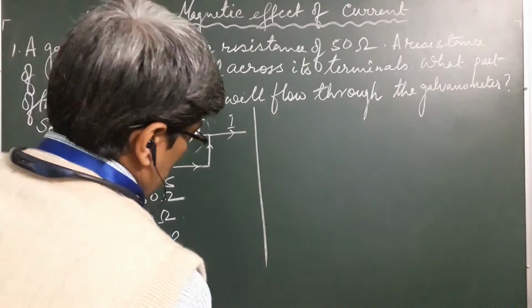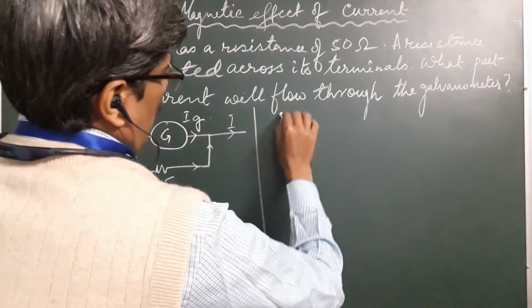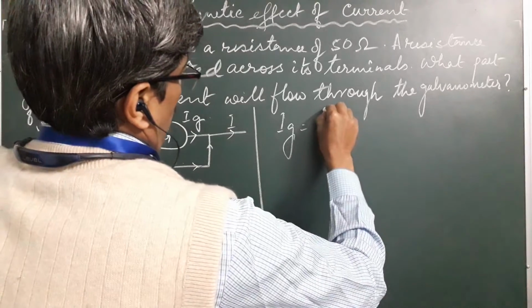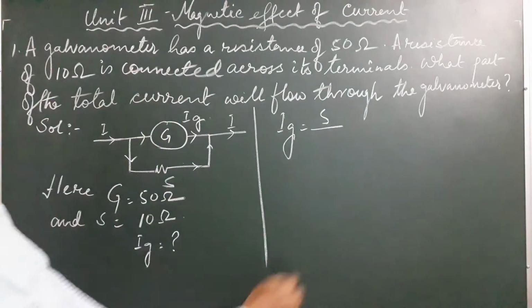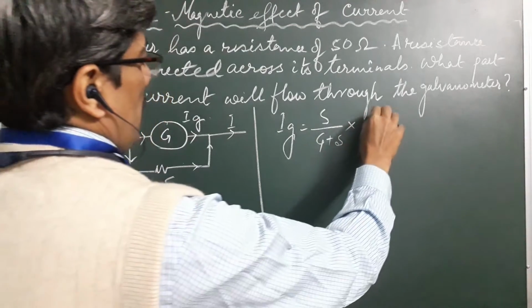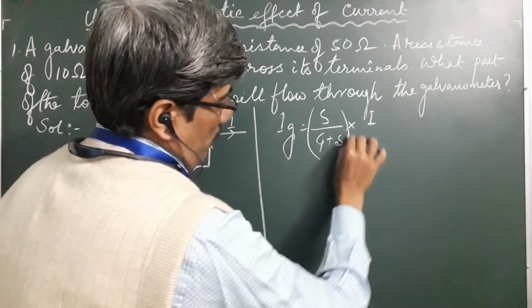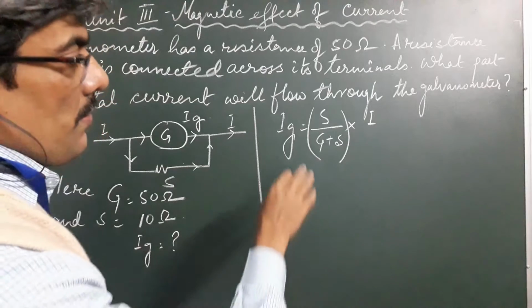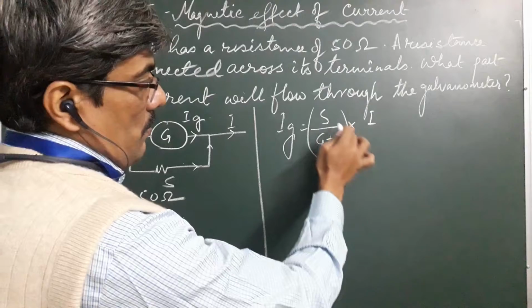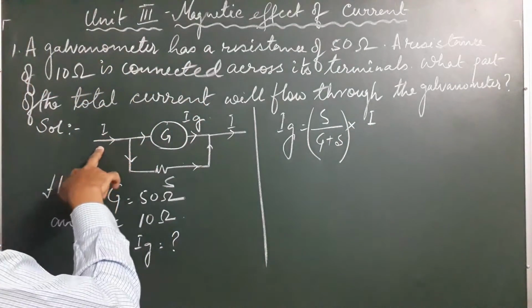From the concept of resistances connected in parallel, we can use this formula that Ig is equal to S by G plus S multiplied by the total current. If you carefully observe this, the current divides in inverse ratio in parallel circuits. So this is the inverse ratio of the total current that is flowing, if the total current is I, right?